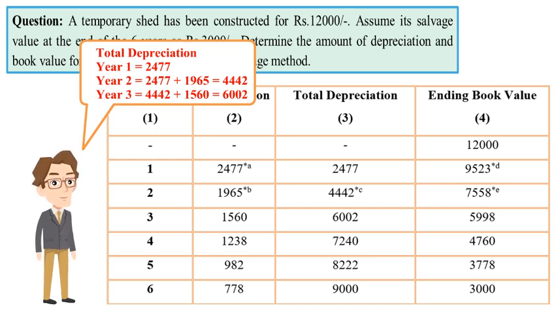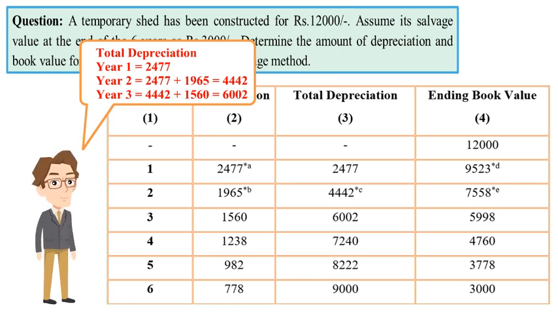Year 2 equals 2,477 plus 1,965 equals 4,442. Year 3 equals 4,442 plus 1,560 equals 6,002. And so on for subsequent years.